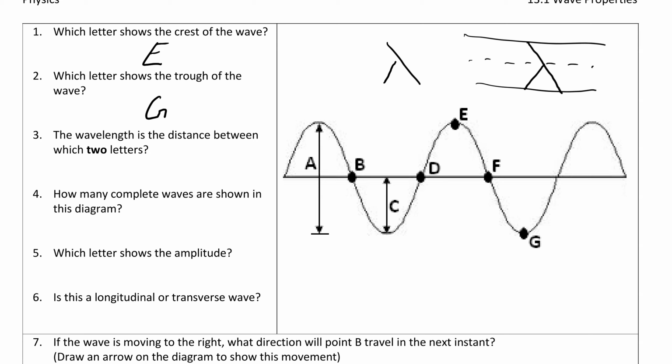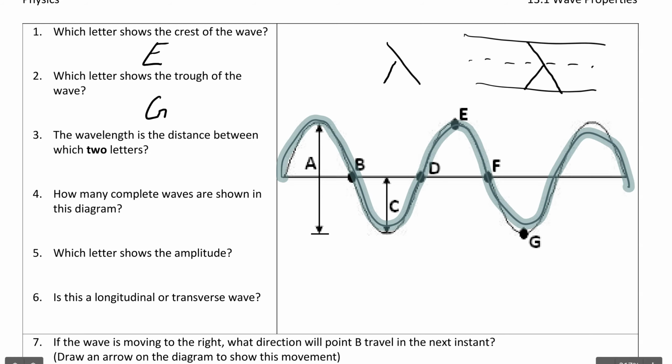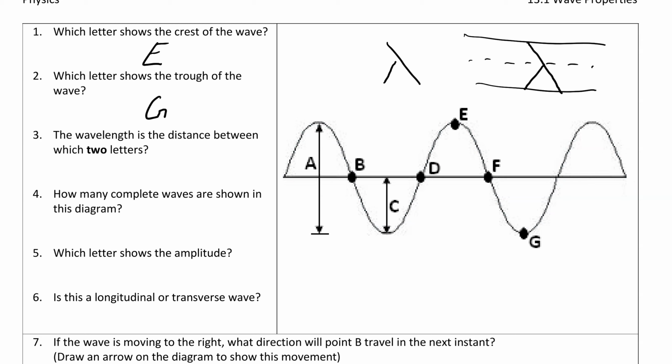And how do you measure wavelength? I mean, this is the big long wave, right? The whole thing? No. You have to measure it from one point in the wave to the next consecutive point that's in phase. Let's start somewhere simple, in the beginning. Here's the crest.